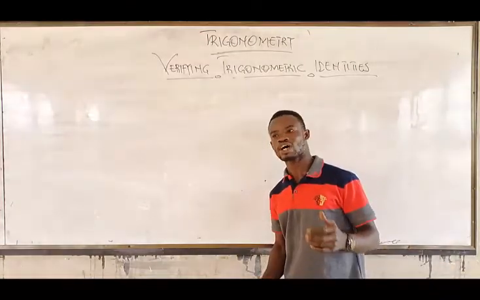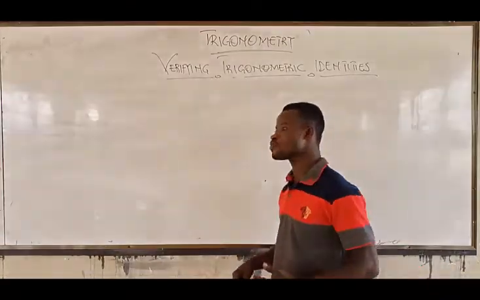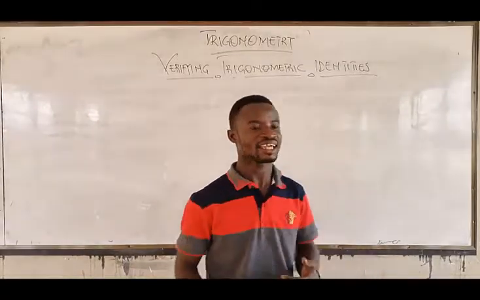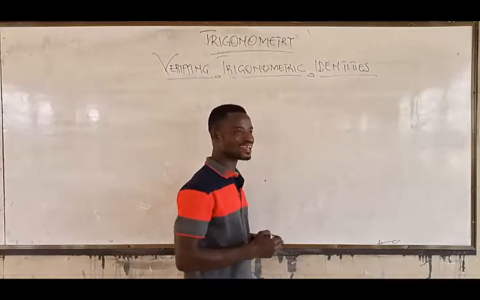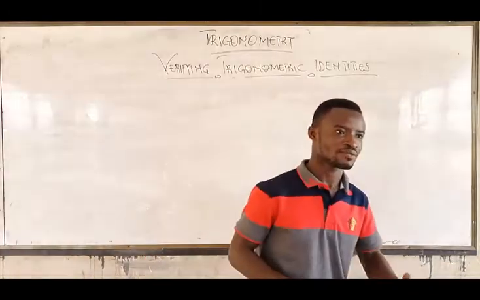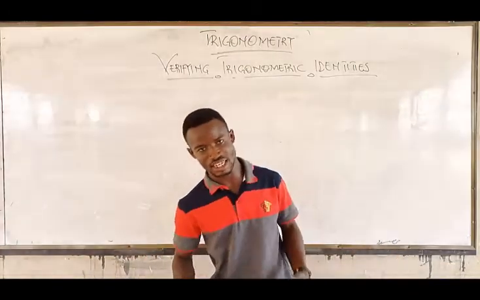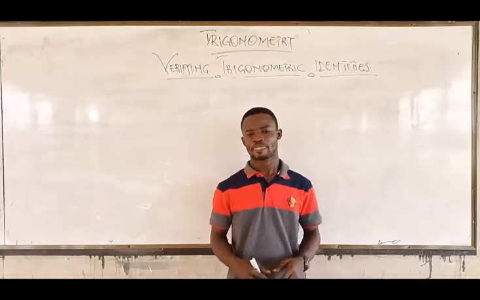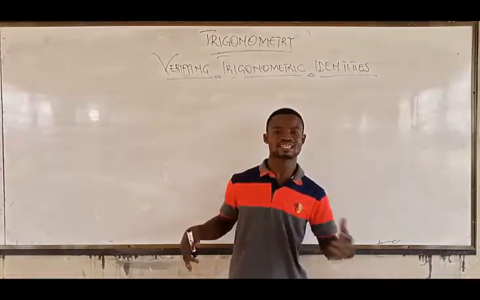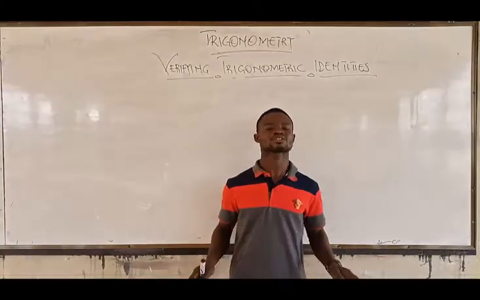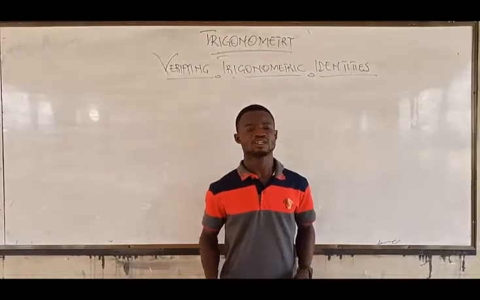All that you are saying is that the complicated ones are the reciprocal identities, that is the sec, the cot, the cosecant, and all that. But if you have it in terms of sine and cos, that is not complicated.